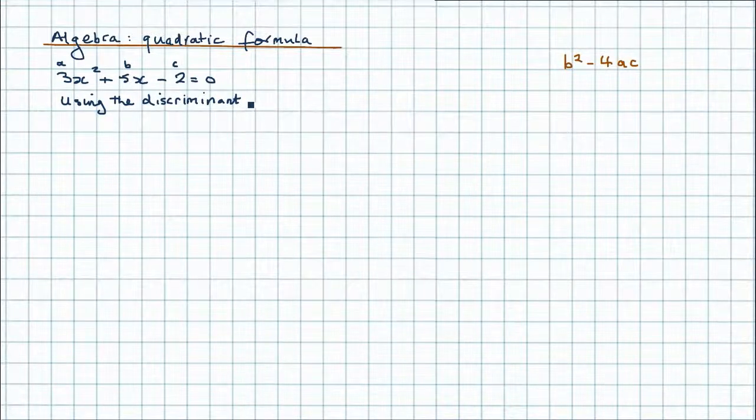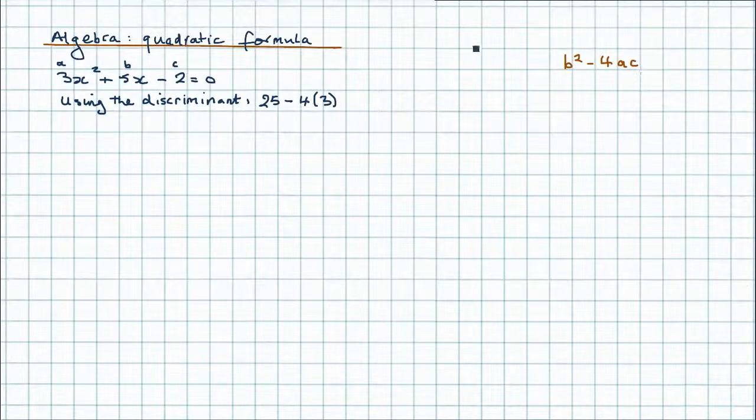So using the discriminant then, we've got b squared, well that's 25. Take away 4, and instead of times, because there's lots of x's flying around here, I just want to use brackets for this. I'm going to use 4 times a, which is 3 here.